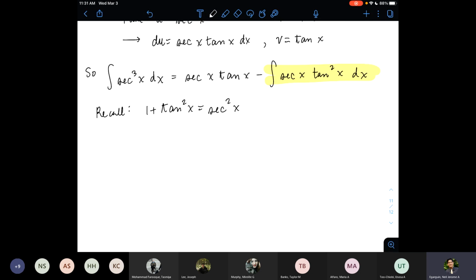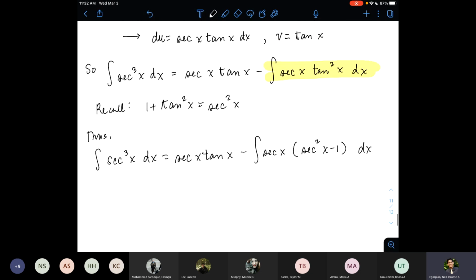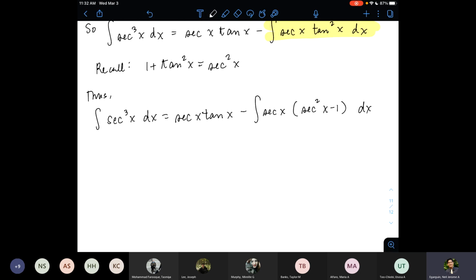So what I can do is have the integral of secant cubed x dx written this way: secant x tangent x minus the integral of secant x times tangent squared x, which can be written as secant squared x minus 1, dx, right?